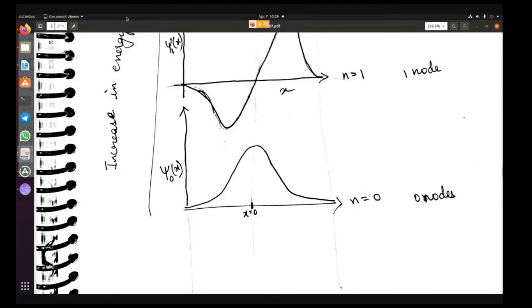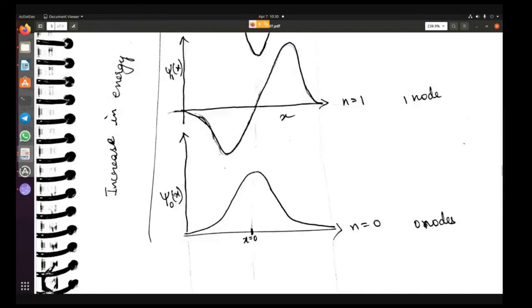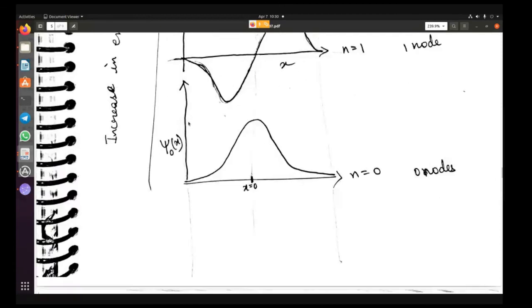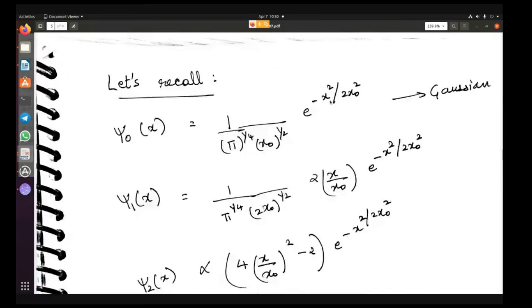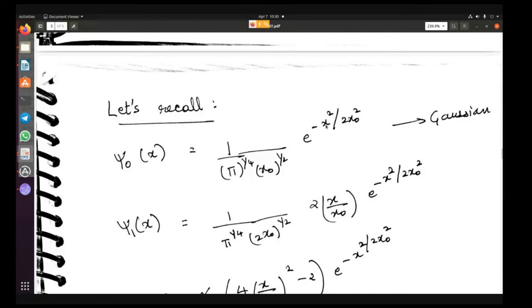So this is how the function looks. On the x-axis you have plotted x, and on the y-axis you are plotting psi 0 of x, psi 1 of x, or psi 2 of x. Psi 0 of x is a Gaussian function, and because it's just x minus 0 whole square here, the mean of the Gaussian is 0.